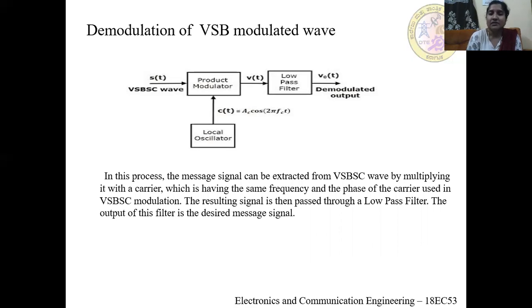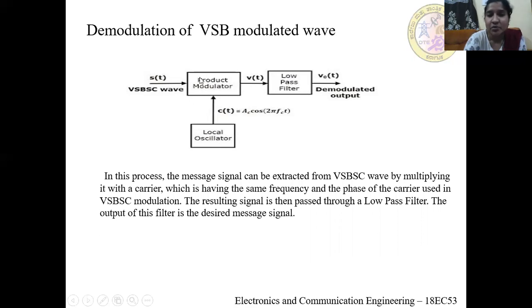And the device which performs demodulation, or recovery of the original message signal, we will call a demodulator. Here, the demodulation of the VSB wave consists of 3 blocks: a product modulator, a low pass filter, and a local oscillator.